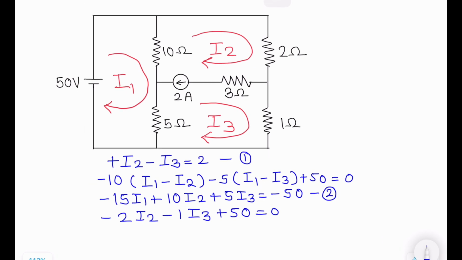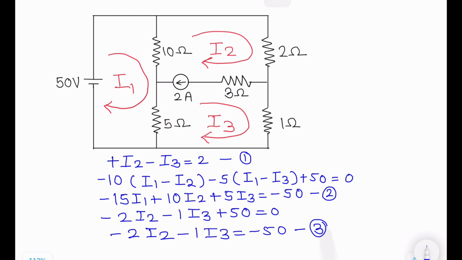So this can be represented as minus 2 I2 minus 1 I3 equals minus 50. This is your equation number 3.